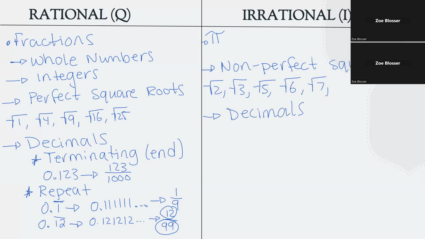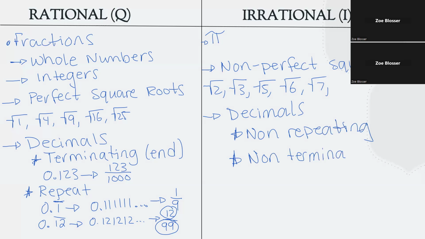Okay, and then to go along those lines, decimals that are non-repeating and non-terminating are also irrational. So if they don't repeat, if they don't have a pattern, okay, you can't turn them into a fraction. And they have to be both these things.